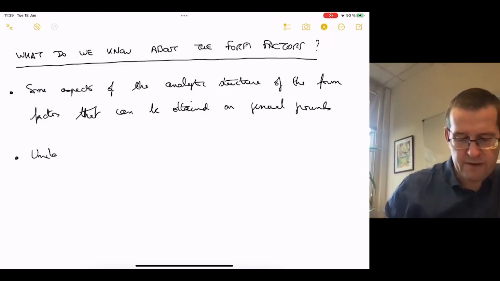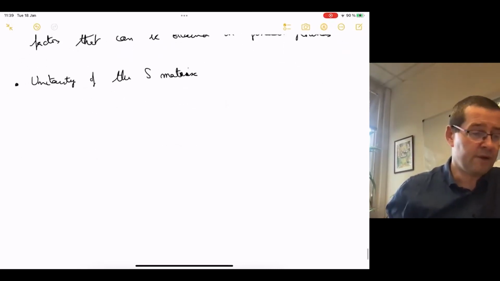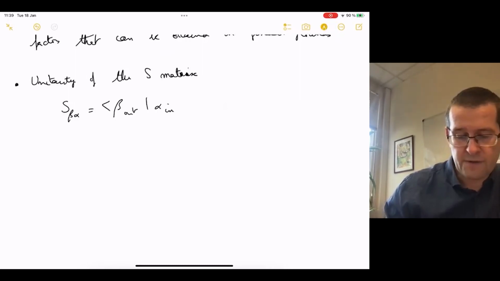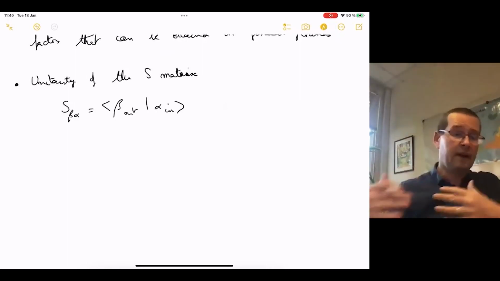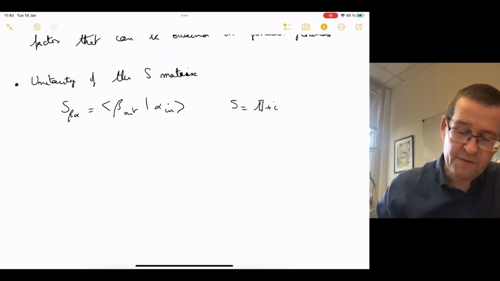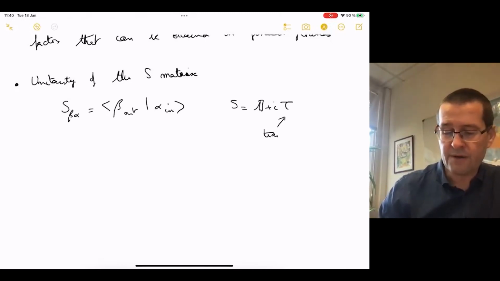And so the main element for the discussion is the use of the unitarity of the S matrix, that you can exploit in order to get some limited information about what you expect for this form factor. So you've got this construct that is just the overlap between an in state and an out state, and you can identify in that the part corresponding to the transition matrix.